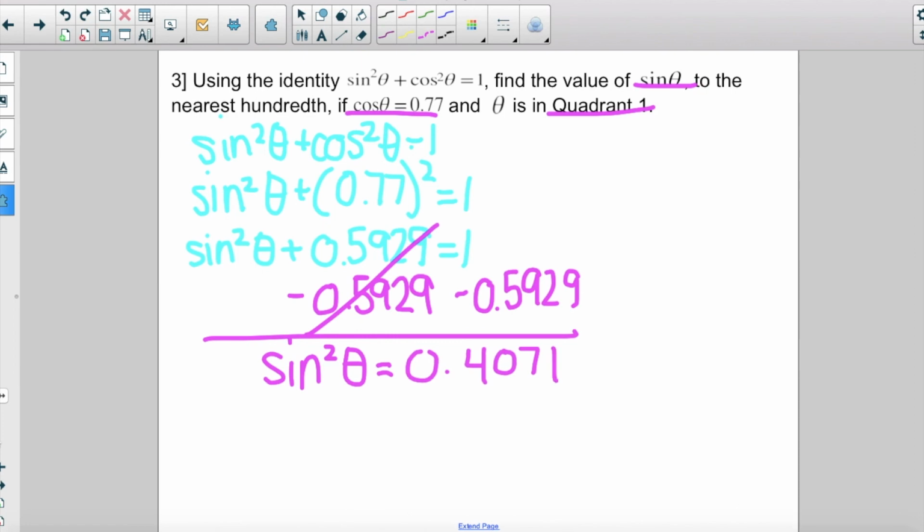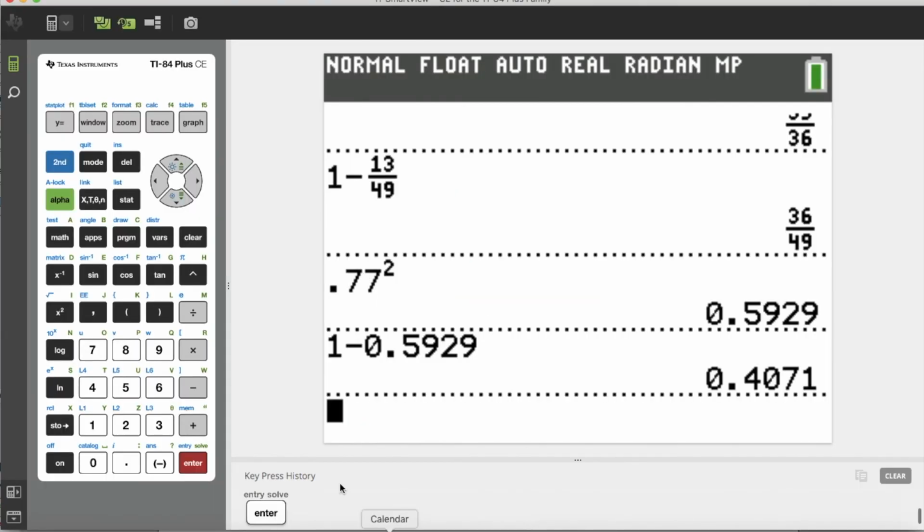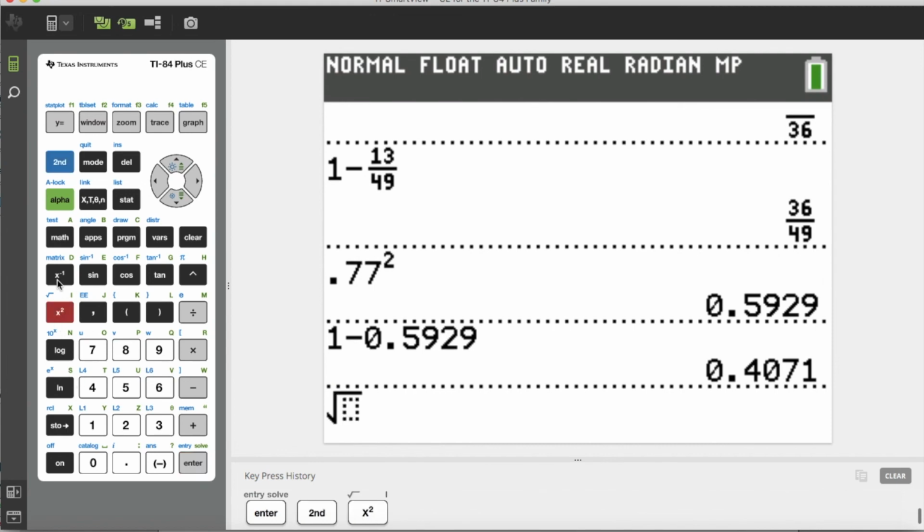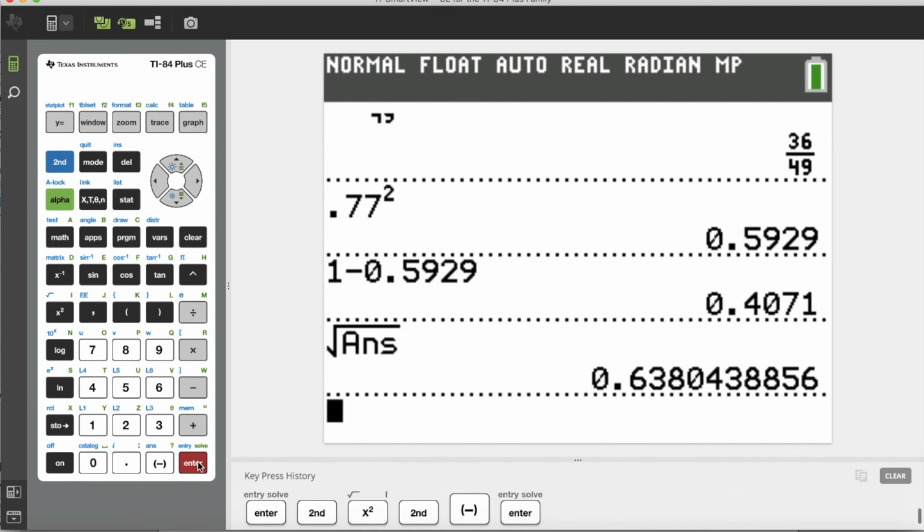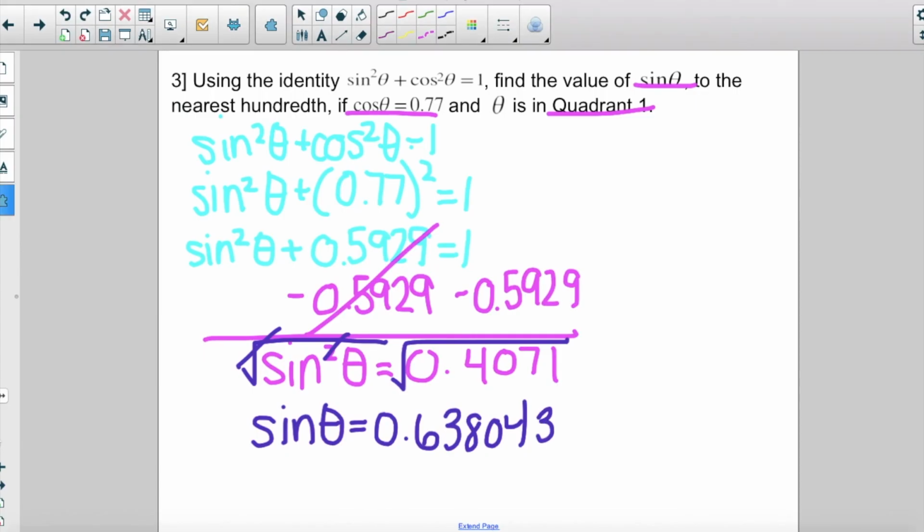Last step to solve for sine is we have to get rid of the squared, so we have to square root both sides. The square root and the squared cancel, and we get sine of theta is equal to, let's figure out what this is, and we get this big long decimal. I'm going to stop it there.